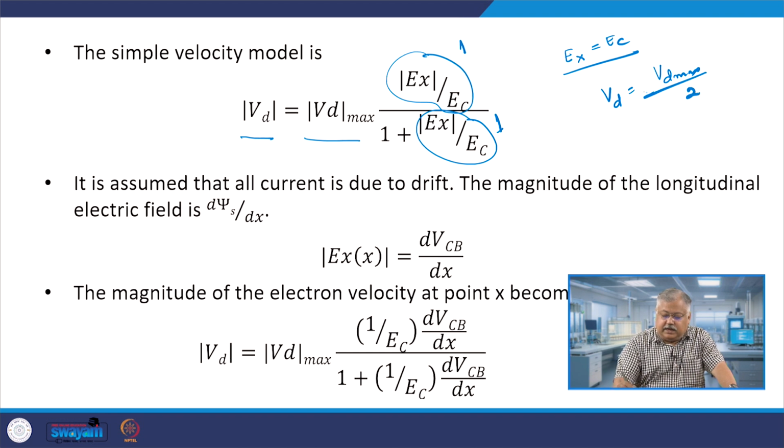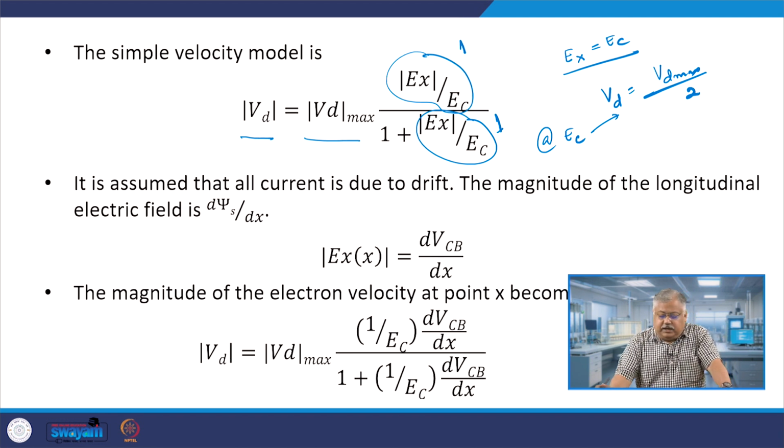So, at the critical electric field Ec, the drift velocity is almost half the maximum velocity, and just after this it reaches the critical velocity. And we are assuming for all practical purposes that all the current flowing through the device is because of drift, and there is no diffusion component attached to it.